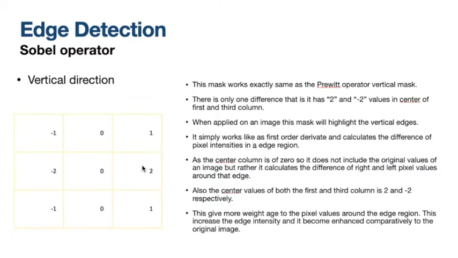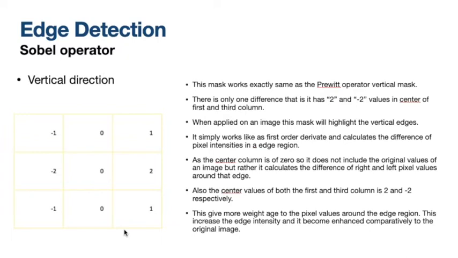When applied on an image, this mask will highlight the vertical edges. Because the zeros are in the center column, which is in the vertical direction, it is going to detect the vertical edges, and it simply works like a first order derivative and calculates the difference of pixel intensities in an edge region. As the center column is 0, it does not include original values of an image, but it calculates the difference of right and left pixel values around that edge.